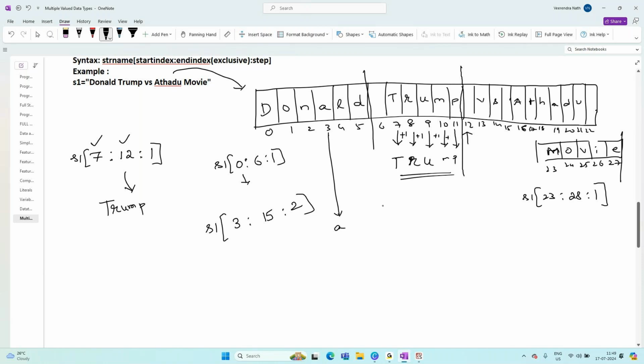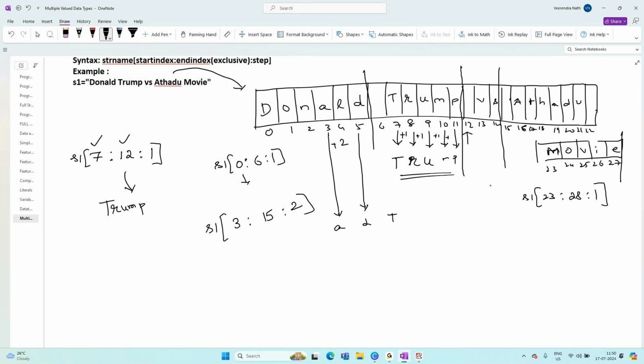End index is exclusive. After A we said +2. +2 means who comes? D comes. Then we said +2. T comes. Where did the gate fall? At 15. Before 15, not after 15. 15 is exclusive. So don't include that. Is this clear?